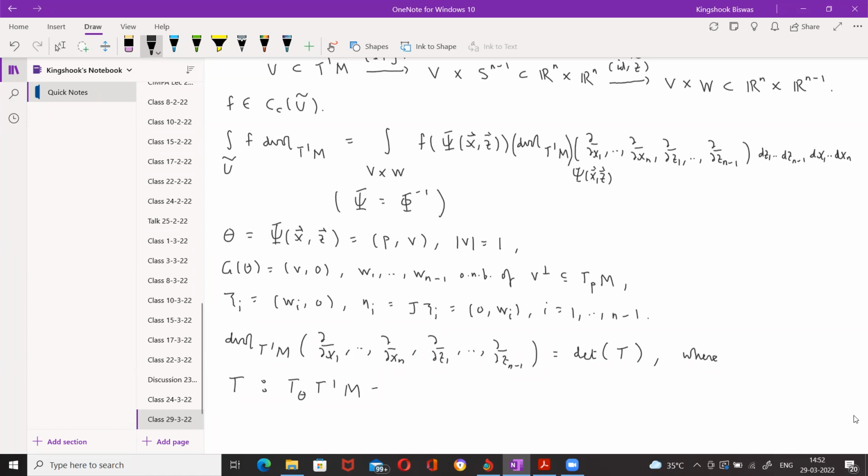So let me write this as R G theta, direct sum the horizontal part H tilde theta, direct sum the vertical part V tilde theta, to itself. Okay, to T theta T1m.